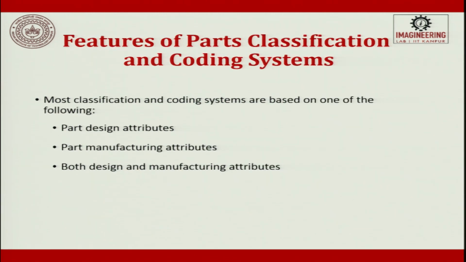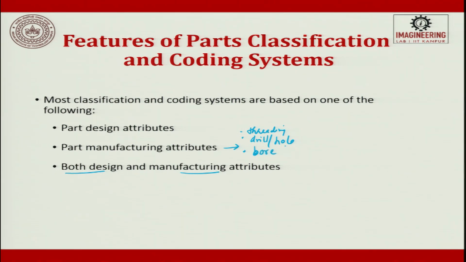The features of a part classification and coding system are: most classification and coding systems are based on the following attributes. One is part design attributes, the other is part manufacturing attributes, or it can be a mix of both design and manufacturing attributes. What are manufacturing attributes? Manufacturing attributes are nothing but threading, drill, hole, then bore.